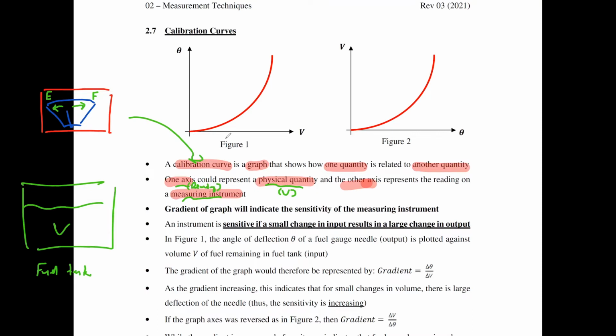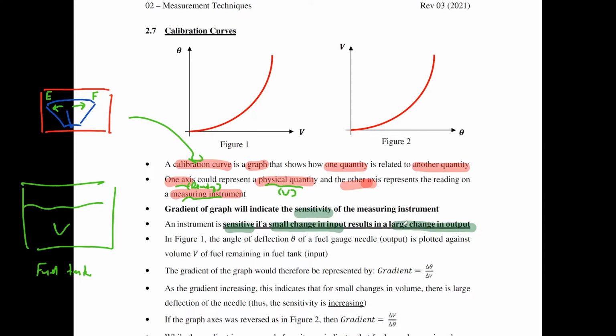Now, when you're talking about calibration curves, the one thing we're interested to know is the sensitivity of the measuring instrument. When we say some instrument is sensitive, it means this: if you give it a small change in input, it will result in a large change in output. It's similar to the definition of sensitive for a person.